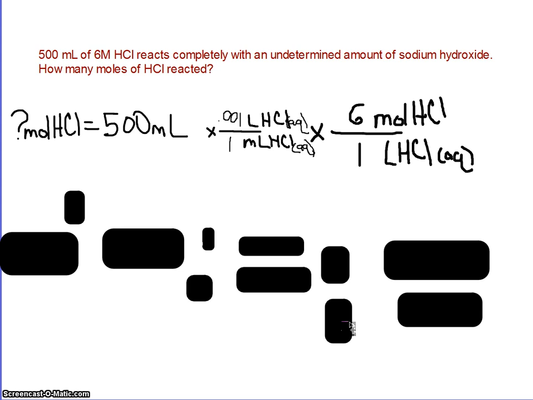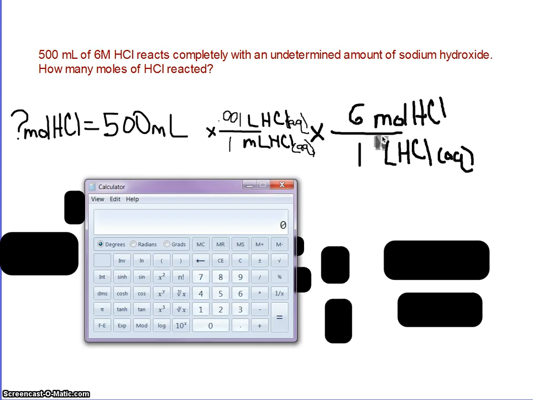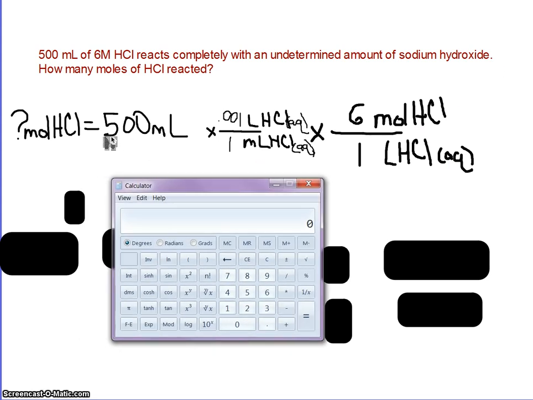To show you how to solve this problem, I'm going to open up my calculator. And here's what you type in. You read the problem left to right. 500 times the numbers on top, so times 0.001 times 6, and divide by the numbers on the bottom.